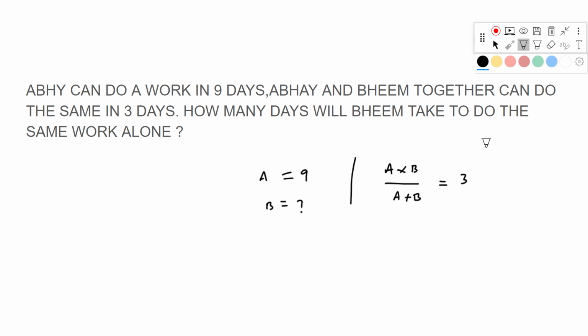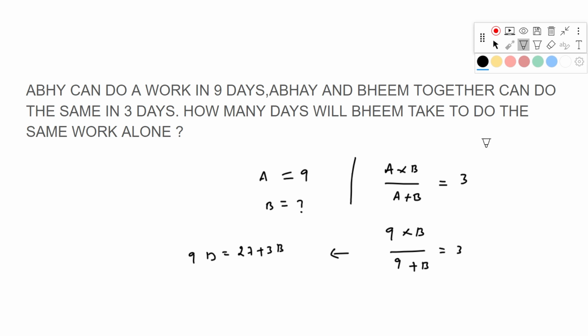So what you have to do? Simple. Put the value here. 9 is nothing but A. So 9 into B, I don't know, over 9 plus B, equal to 3. Then I can write 9B equal to 3 into 9 plus B, that is 27 plus 3B, right?